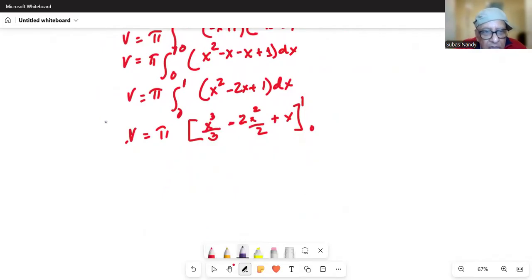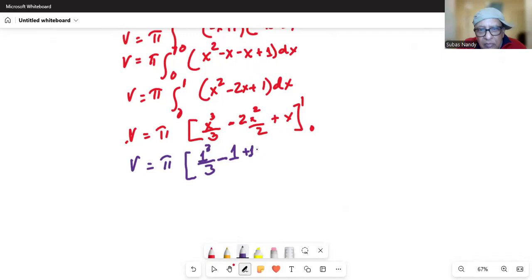So volume is now equal to pi. We have the limits of integration, so we put the upper limit first, which is 1. That is 1 cubed over 3, minus, this 2 cancels with 2, so minus 1 plus 1.